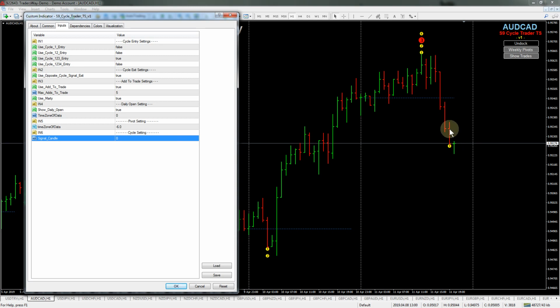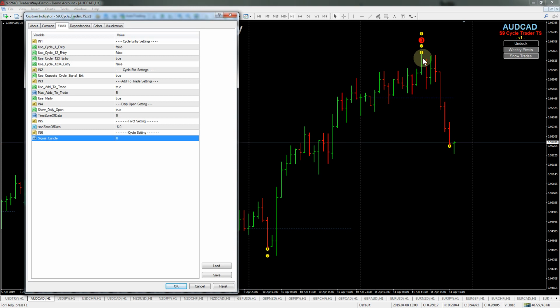This is the 1 candle. This is the 2 candle. This is the 3 candle. You count backwards, but they always start with 0, which is the one that you're presently on. In this case, the default is 0. So when this signal pops up on this candle, it will take the trade immediately.